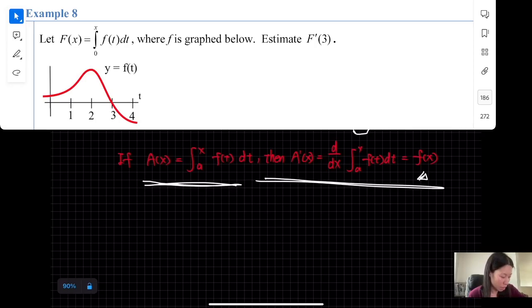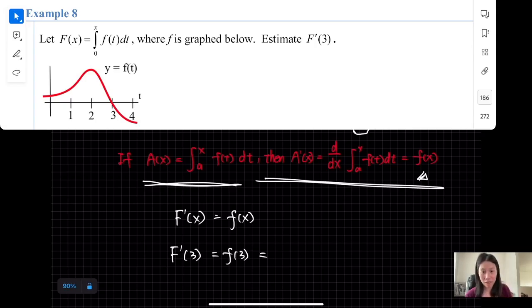So that means our F prime of x is going to equal f of x. So I have F prime of 3 equals f of 3, and from the graph, f of 3 is equal to 0.